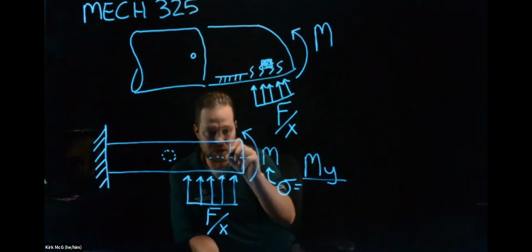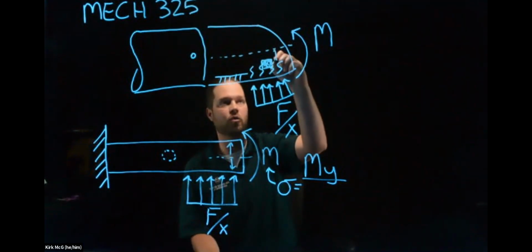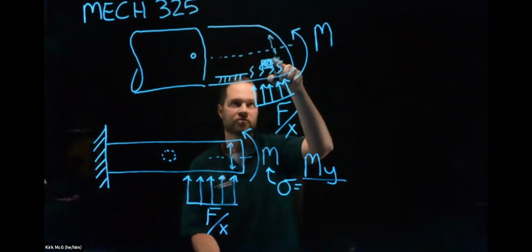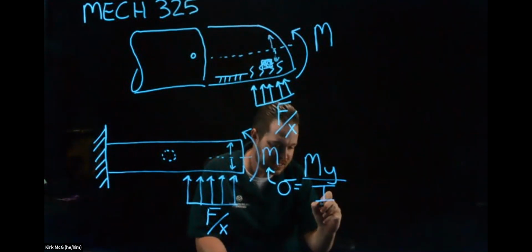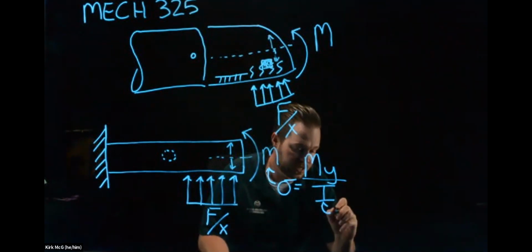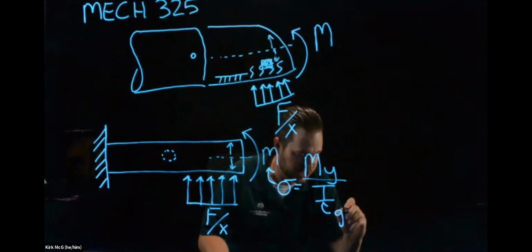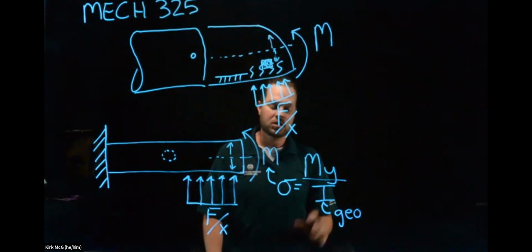So let's assume this is the neutral axis of our finger, and y is how far our sensor needs to be from that neutral axis, divided by I. And this I is a function of geometry.